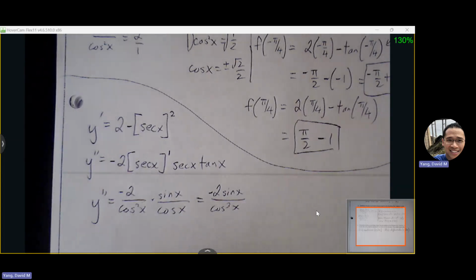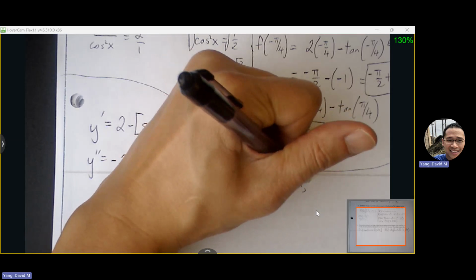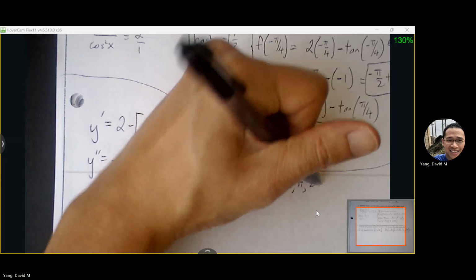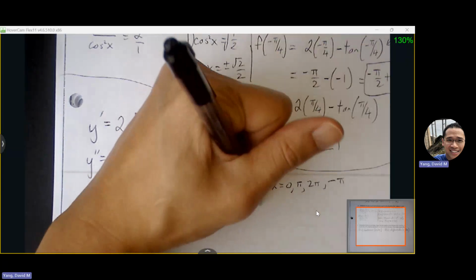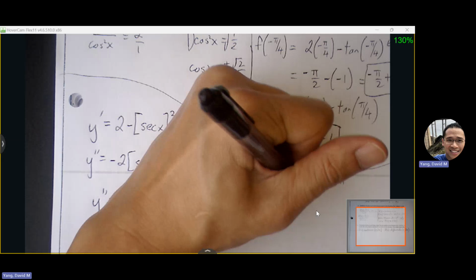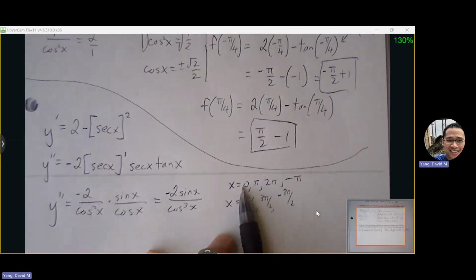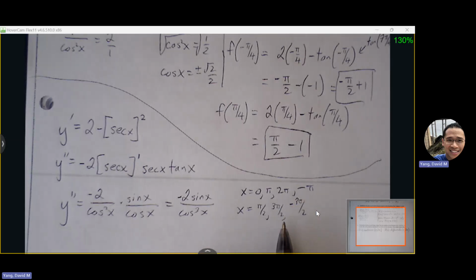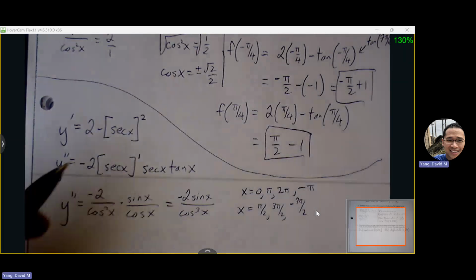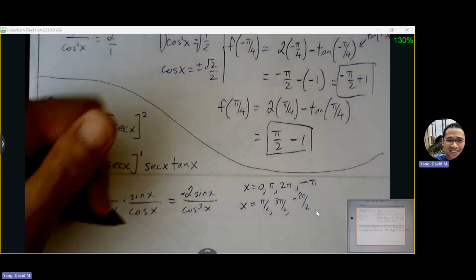If I set sine equal to 0, I'll get 0, pi, 2 pi, negative pi. If I set cosine equal to 0, I'll get pi over 2, 3 pi over 2, negative 3 pi over 2. Now, of all these critical points, the only thing that's going to fit between negative pi over 2 and pi over 2 is just going to be 0. Everything else is outside that interval. So the only critical point that we have is 0.